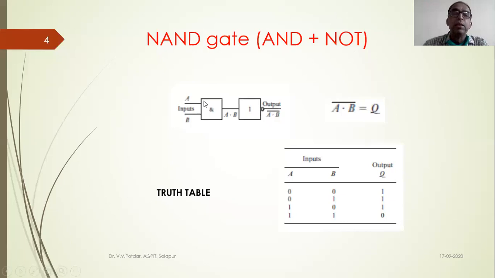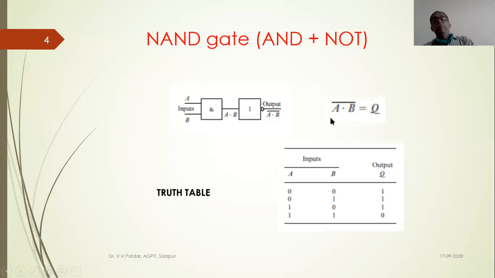So this is a symbolic representation. Input A and input B, AND gate symbol and ampersand. I'll be getting A dot B, and then I have the NOT gate symbol, a small circle and dash. The output Q is equal to A dot B dash, that is the inversion of A dot B is equal to Q.